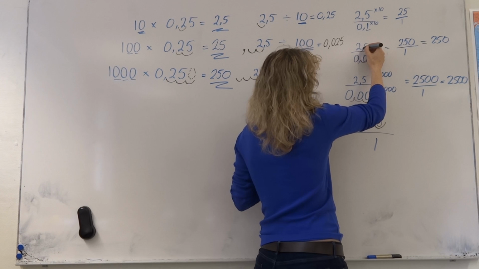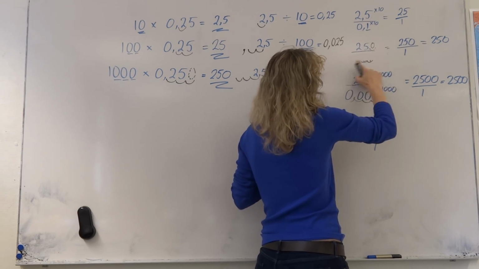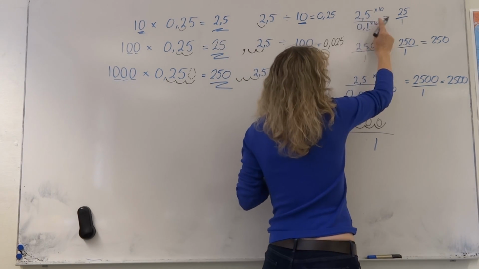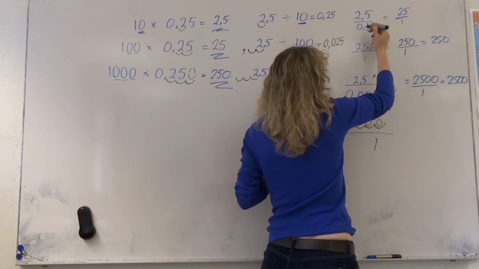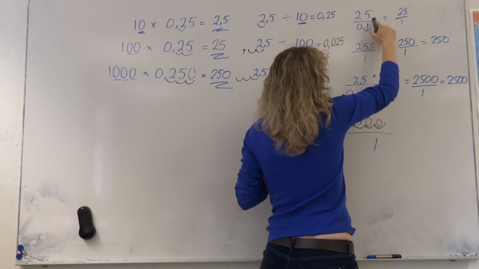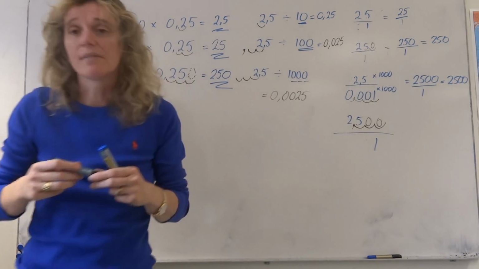So I'll do the same thing up here, move the decimal point 2 places to give me 250 divided by 1 instead. 25, move the decimal point 1 place here to get 1, move it 1 place here, I'd get 25 divided by 1. Saves a lot of time.